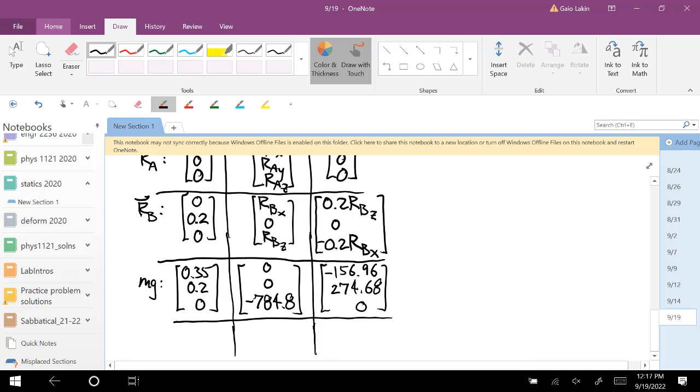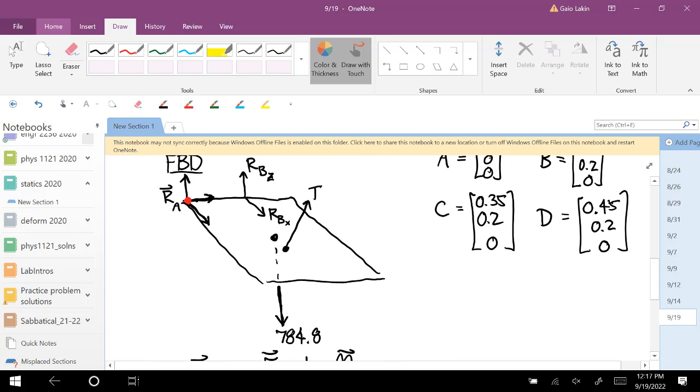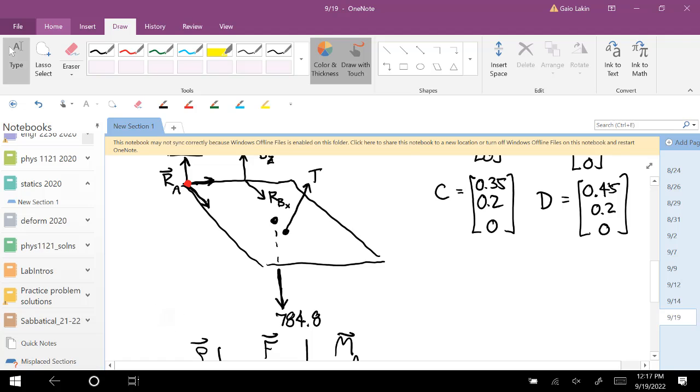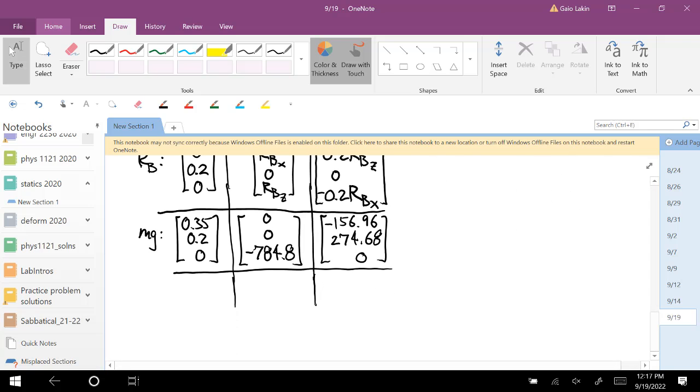Okay. And then the last one is the cable tension. That one's going to be a little bit of a pain. Let's get the rho vector first. That's 0.45, 0.2, 0. And now we have to think about how to represent that force.